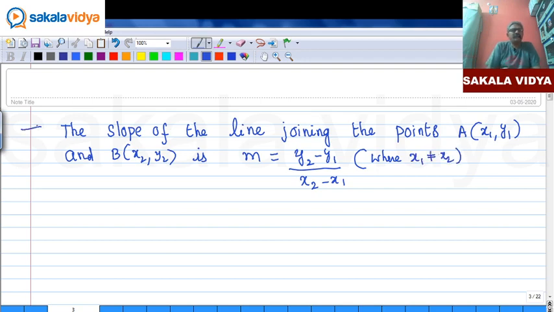That means, if two points on the line are given, we can find out the slope of the line with the help of this formula, (y2 minus y1) by (x2 minus x1). Understood now?